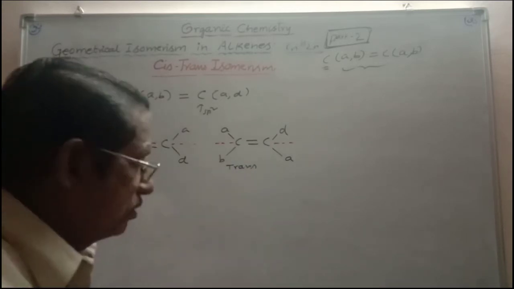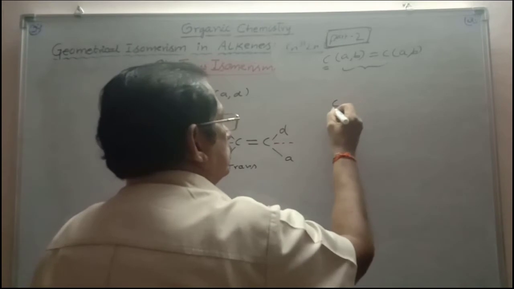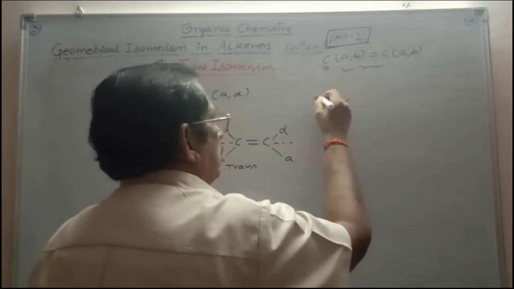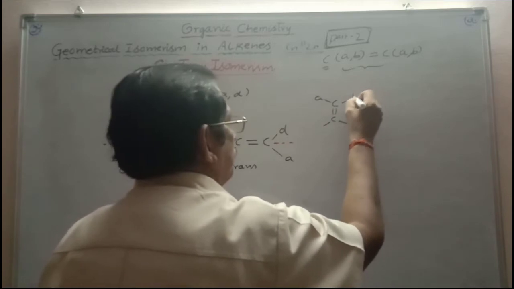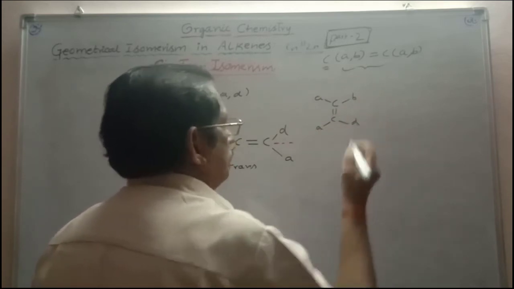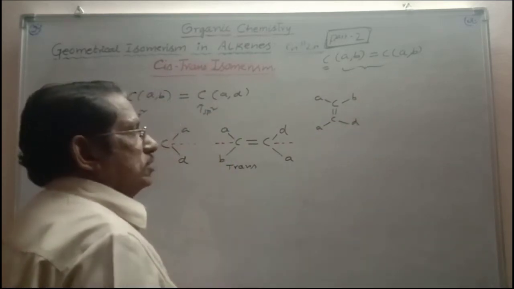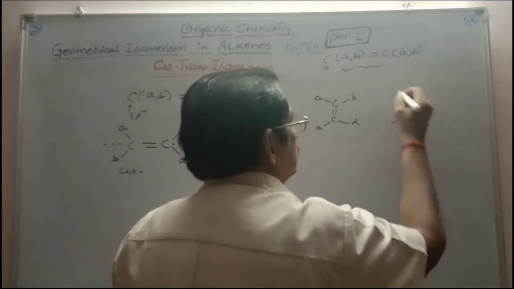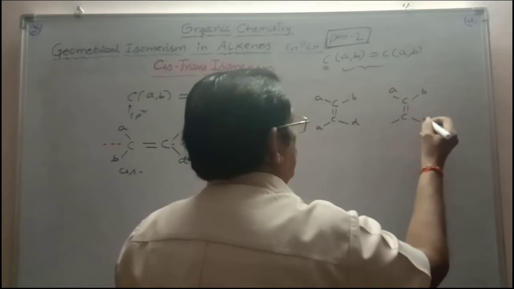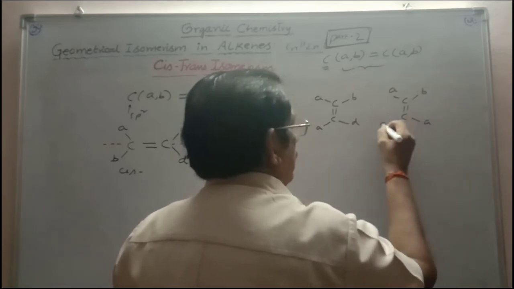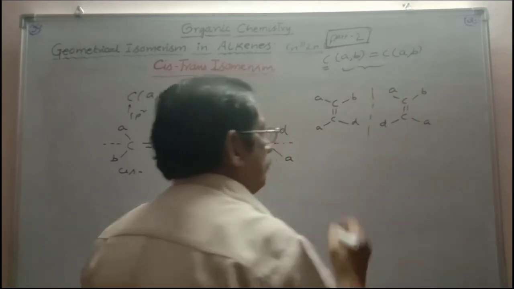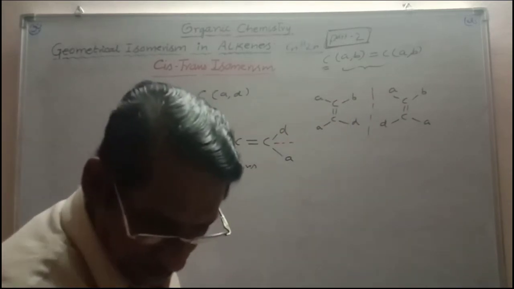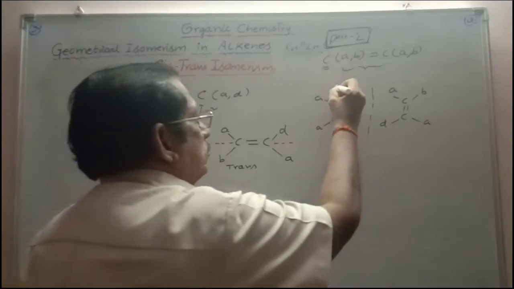Or on the other hand, you can write in this manner also, C double bond C, A, B, A, D. This is one isomer. The other one, C, A, B, A, D. So here the C double bond C plane is now vertically present.